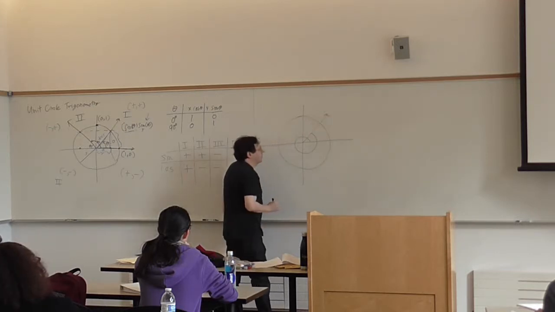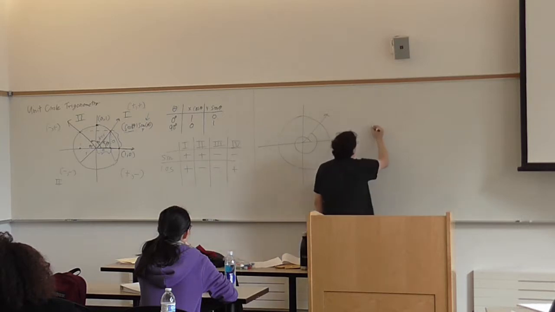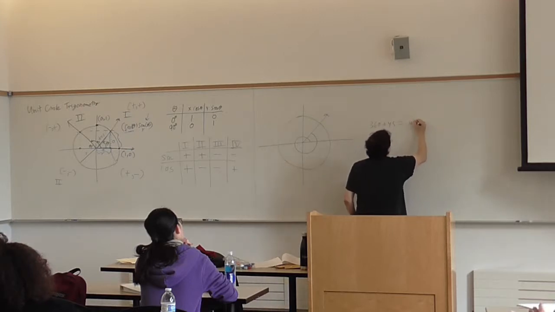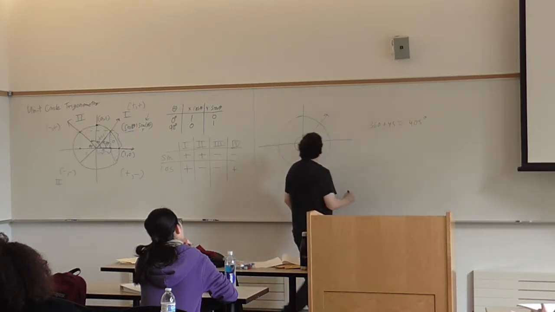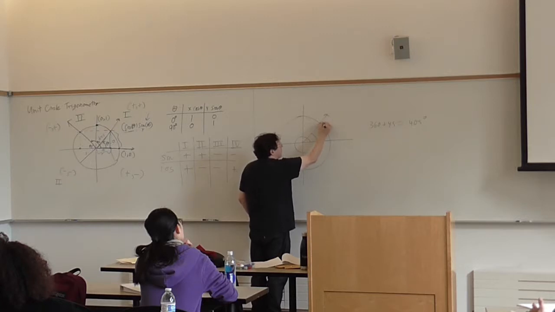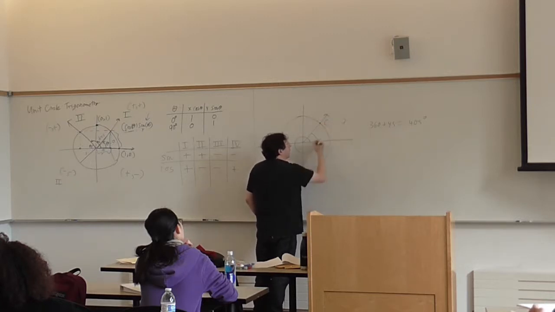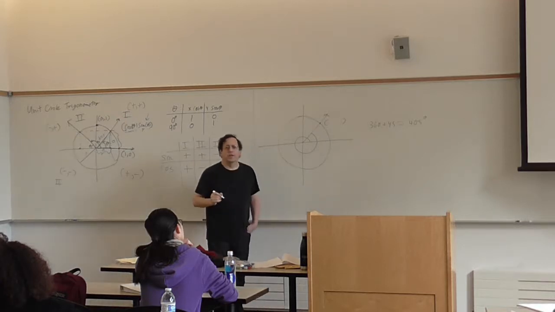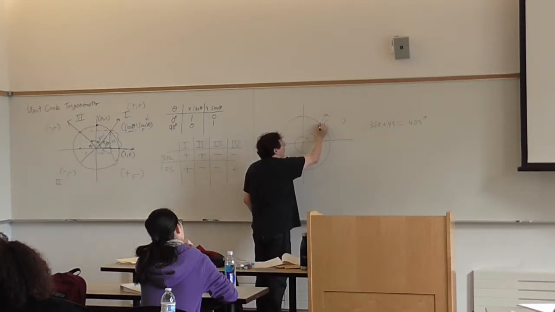Right? So let's call this 360 plus 45 degrees is 405 degrees. But we still have a definition for its sine and cosine, right? It's just still this coordinate.